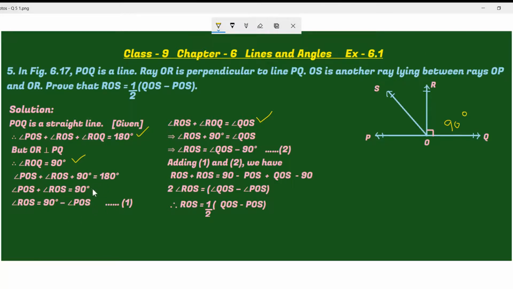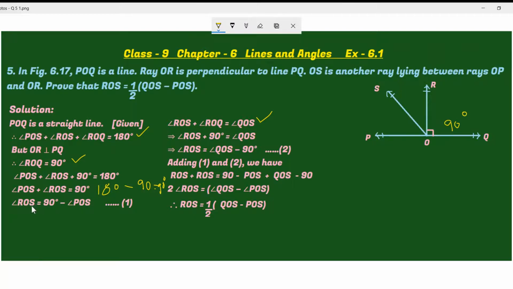I take this 90 to the other side, so it will be 180 minus 90, which is 90. So POS plus ROS is equal to 90.